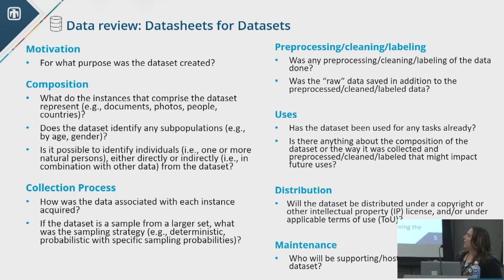But I do want to highlight one of the most important things about this. Does the data set identify any subpopulations that we should think carefully about? This was already highlighted earlier today in the panel discussion, that oftentimes models may not be performant in the same way for different subgroups of the population. So say, I don't know, pick a demographic like women in STEM, does the model perform well there?